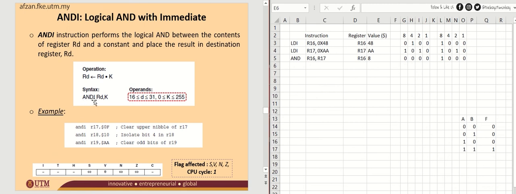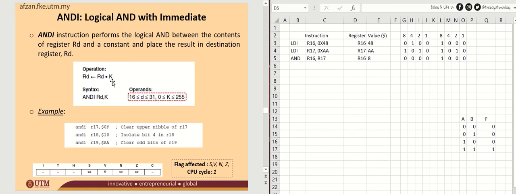Every time you see an instruction that ends with I, the RD that you are going to use should be between R16 and R31 only. What about your K? K is from 0 to 255. So this is the operation.